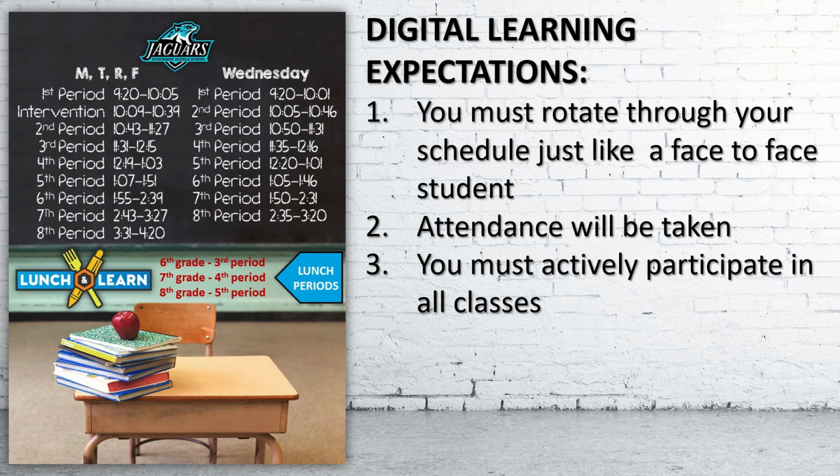Whereas on Monday, Tuesday, Thursday, Friday, the school day ends at 4:20. So keep that in mind as well. Also, if you're new to the school, you'll notice that there's an extra period in there called the intervention period, and we'll talk more about what that's going to look like specifically for the first 2 weeks of school.